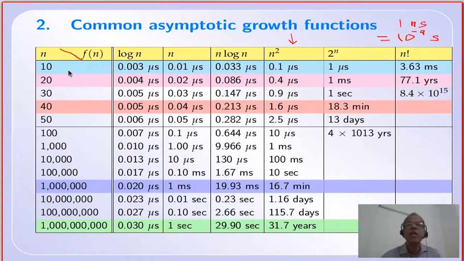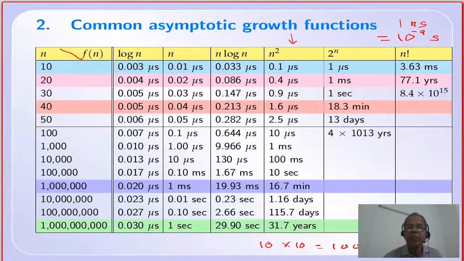If n is equal to 10, what is the running time? Let me write it here. It is n squared, therefore 10 into 10, this is equal to 100. The basic operation is executed 100 times.